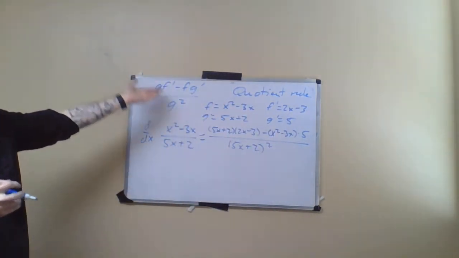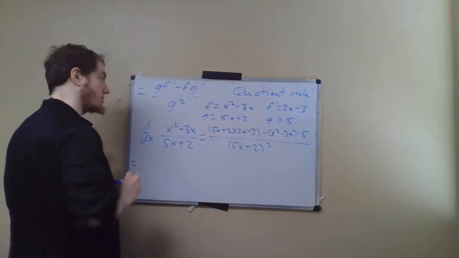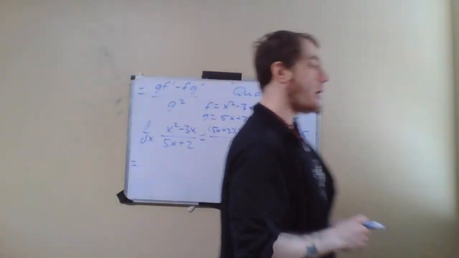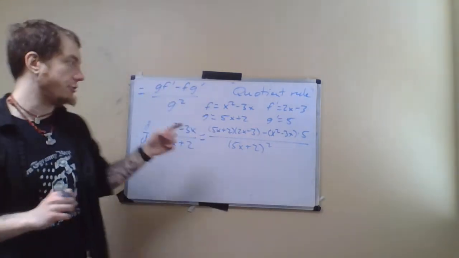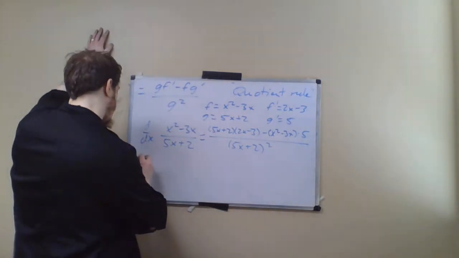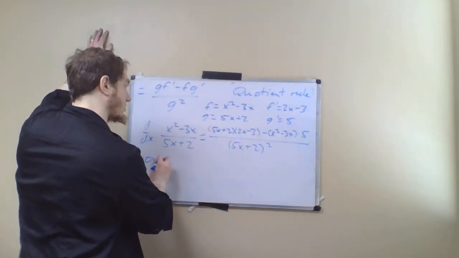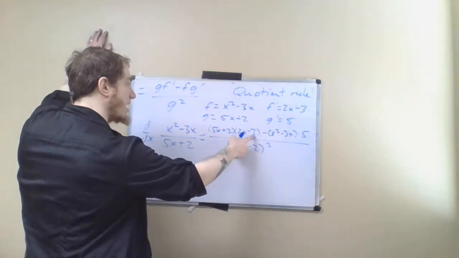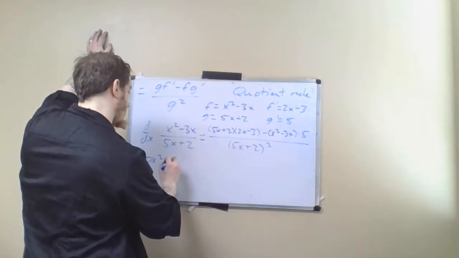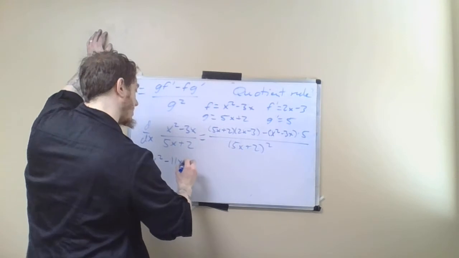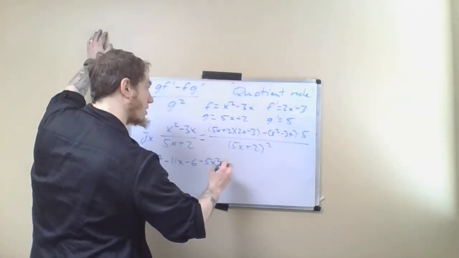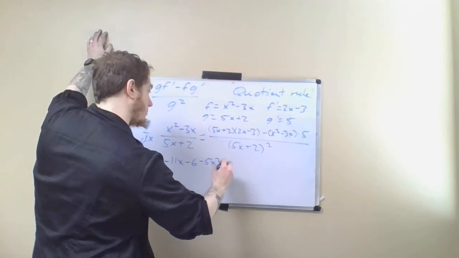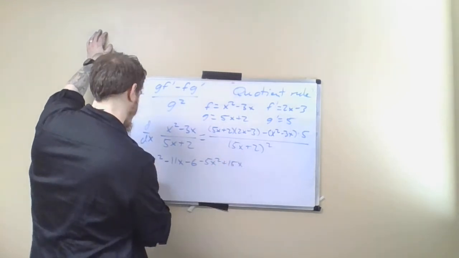And now it's just a matter of simplifying this out, right? So at this point, all of our actual calculus stuff is done. It's just an algebra simplification problem. So this is going to become 10x squared, and then we're going to have minus 15 plus 4, so minus 11x minus 6, and then we're going to have minus 5x squared plus 15x.